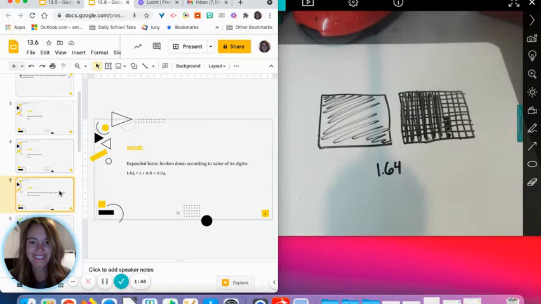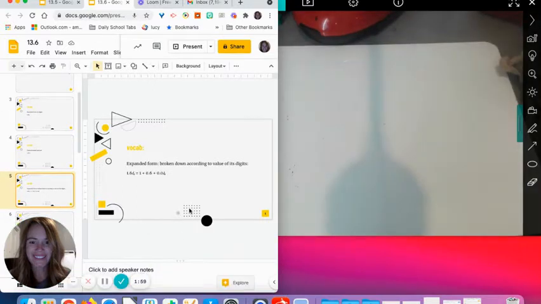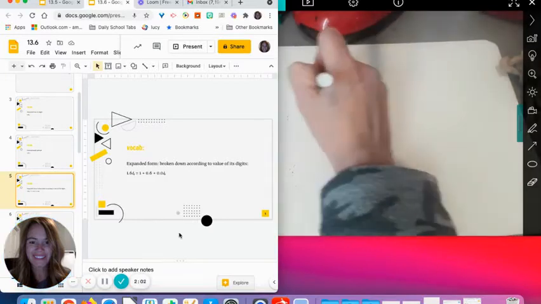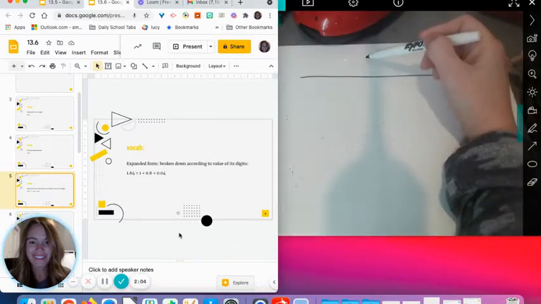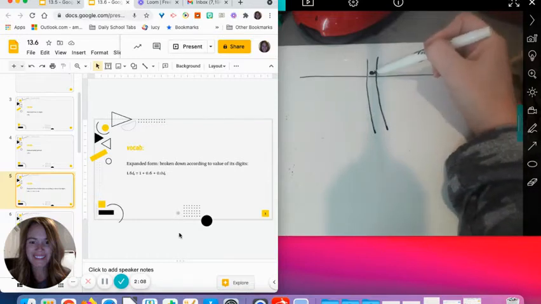Next up, what we want to do is look at this number broken down into expanded form according to the value of its digits. So what we'll do is I like to take that number and place it into my place value chart. I like to put that decimal here.